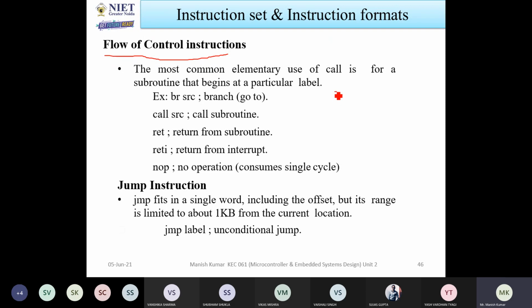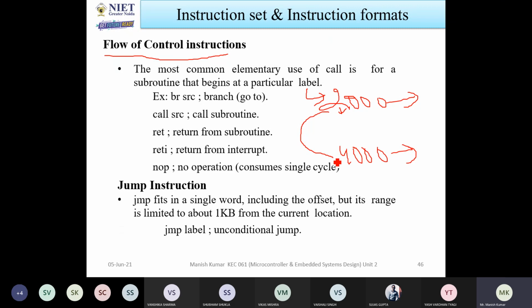Like I have written the program from 2000 and I have started executing the processor with 2000. But at a certain mid time, I need to execute the location 4000. What will you do? From here, either it will come 2001, 2002, 2003, like that.